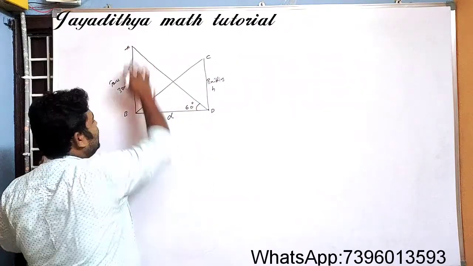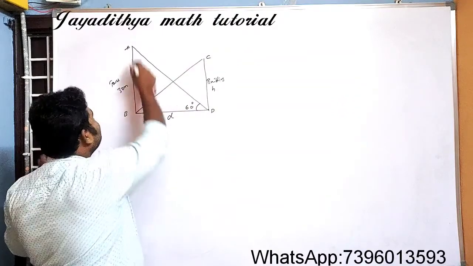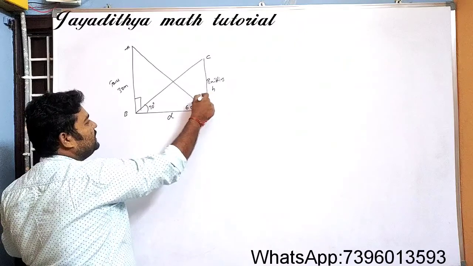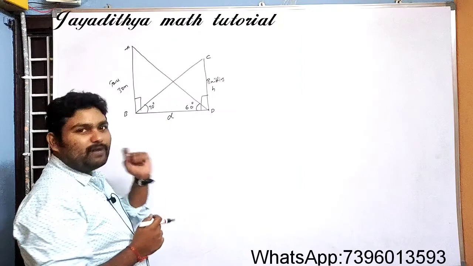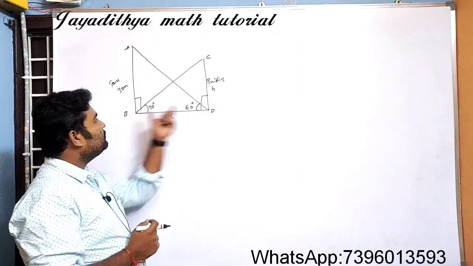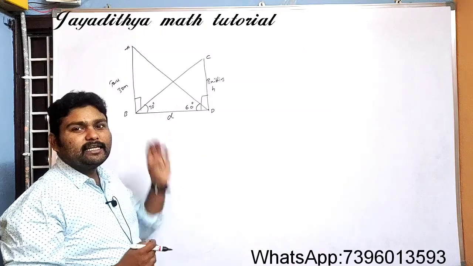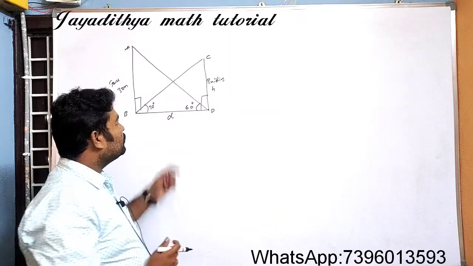For example, ABD is one triangle and BCD is the other triangle. In ABD there is a 90 degree angle, and in BCD there is also a 90 degree angle. We need one common side. BD is the common side for both the triangles. So that is the criteria. In that way you need to take the triangles, then you can apply the concept.